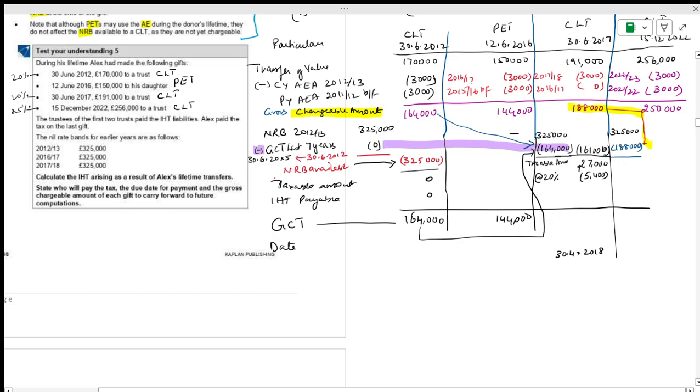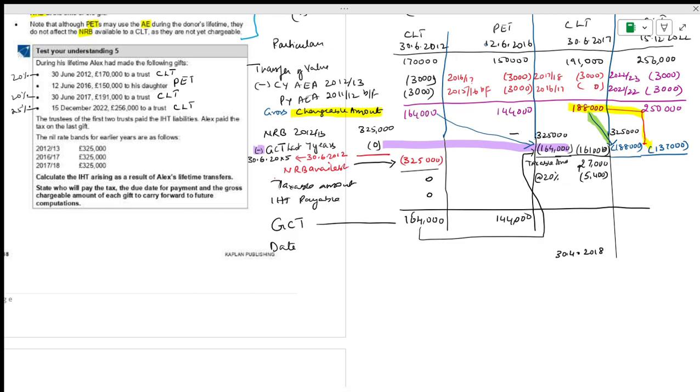And this 188 will be here. Yes, so they check the gross. 325 minus 188, how much will you get? 137.